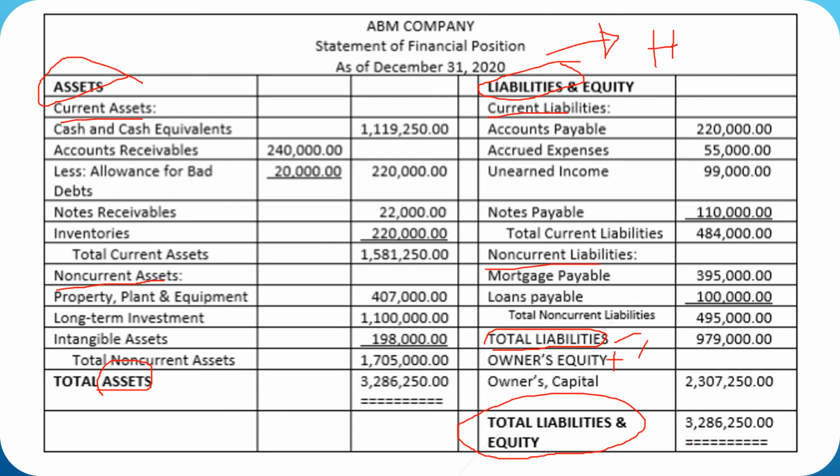So, the total is here. O, tingnan natin. Balance yung total dito. Yung total assets, here. Total assets and this one ay kumbaga magkapantay. Okay?